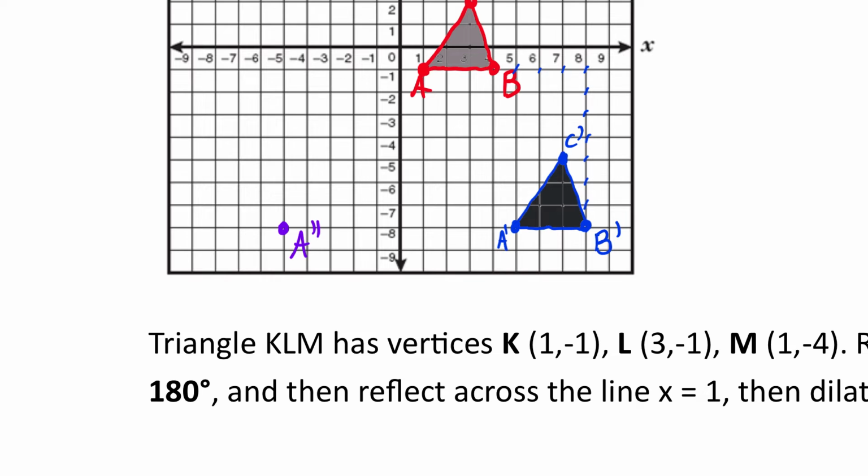Okay, how far is B prime away? 8. It's 8, so I'm going to flip it 8 to the other direction for B double prime. And then how far is C prime? 7. It's 7, so I'm flipping it 7 this direction for C double prime.